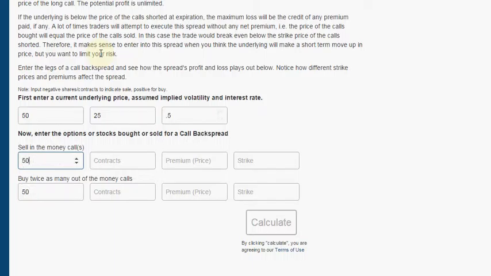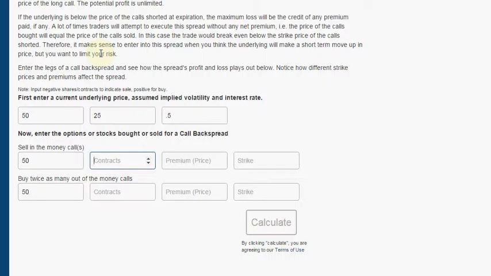Now, I don't know if I mentioned this earlier, but all the options that we're buying and selling are going to be on the same expiration date, so it's going to be 50 days to expiration. So when you're implementing a call backspread, you want to have all your expiration dates be the same.